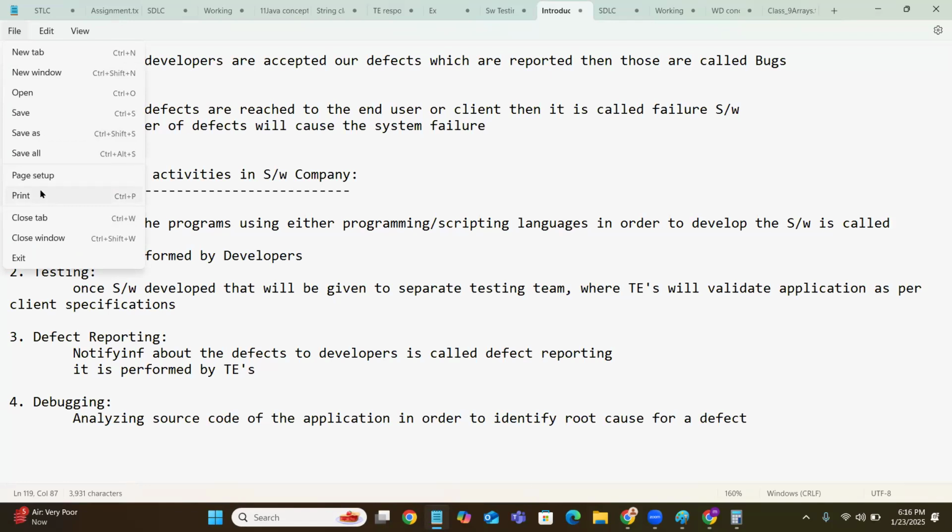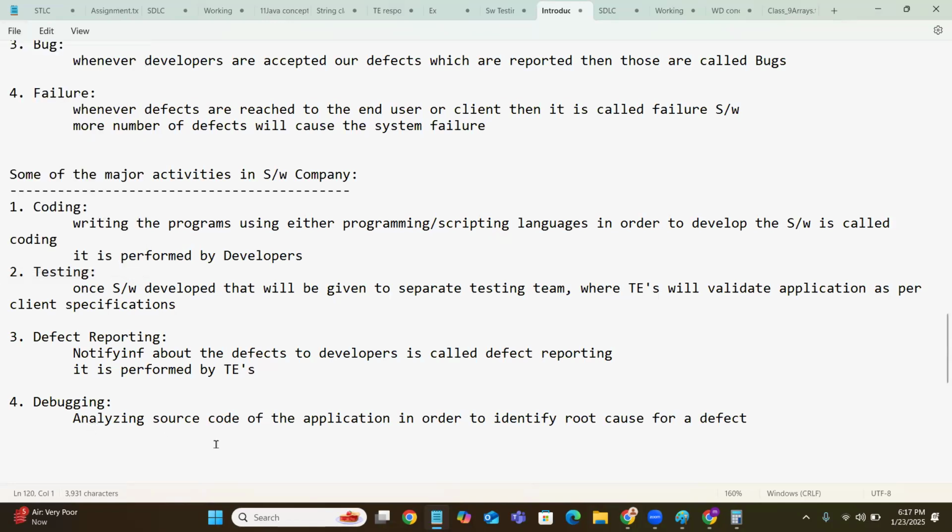No. First of all, we have to know where the problem is: whether it is a printer problem, whether paper is available, whether the printer power is on or off. We have to do that analysis. That is called root cause analysis. Something is not performing well, and why it is not performing, that is root cause analysis. Analyzing the source code of the application in order to identify the root cause for a defect is called debugging.